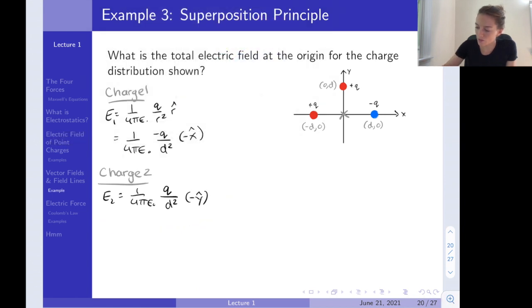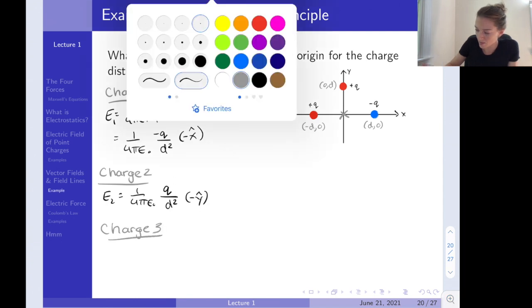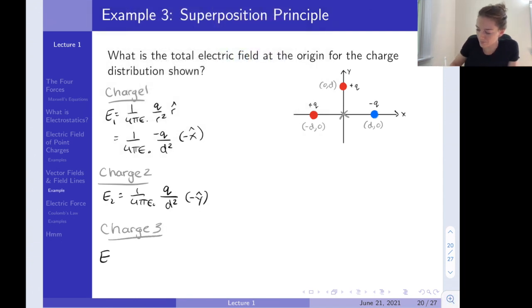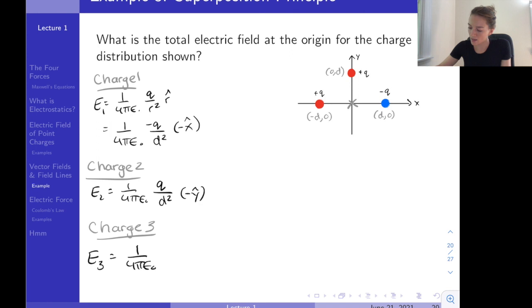Okay, so charge 3, this last charge here, we have E3 is 1 over 4 pi epsilon naught. And again, the charge is just Q. The distance from here to the origin is again just d squared. So we have d squared.